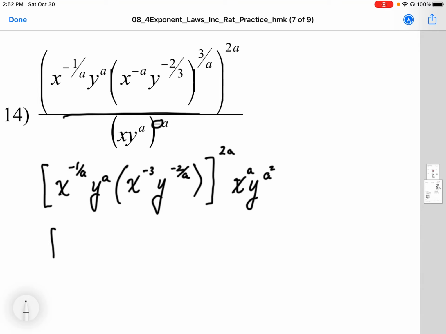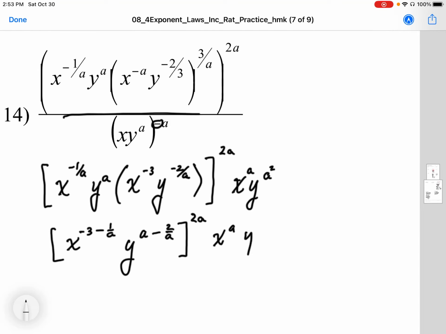Okay, so I'm going to combine the terms inside the square brackets. So I end up with x to the -3 minus 1 over a. On the y, we end up with y to the power a minus 2 over a, and that's all applied to the power of 2a.